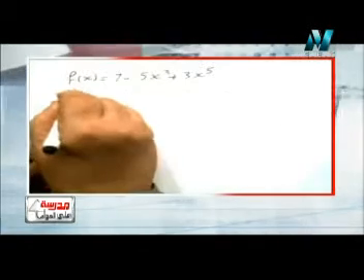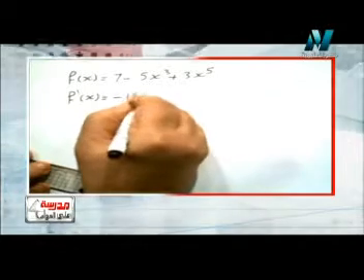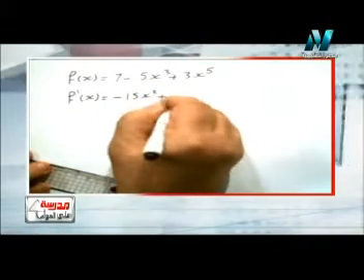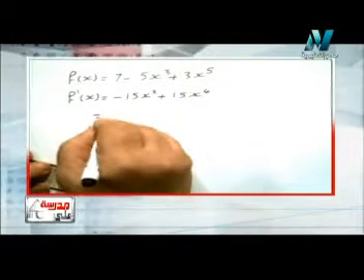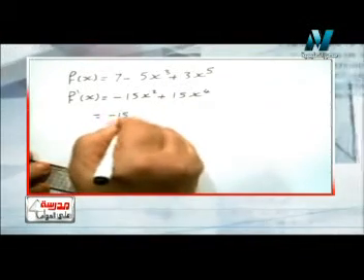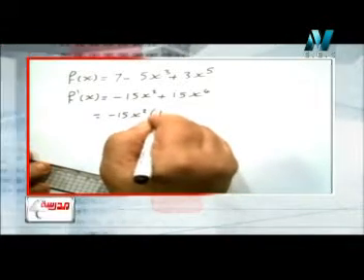نجيب f dash x: negative 15x square plus 15x power 4. We take negative 15x square as common factor, it is x square times 1 minus x square.